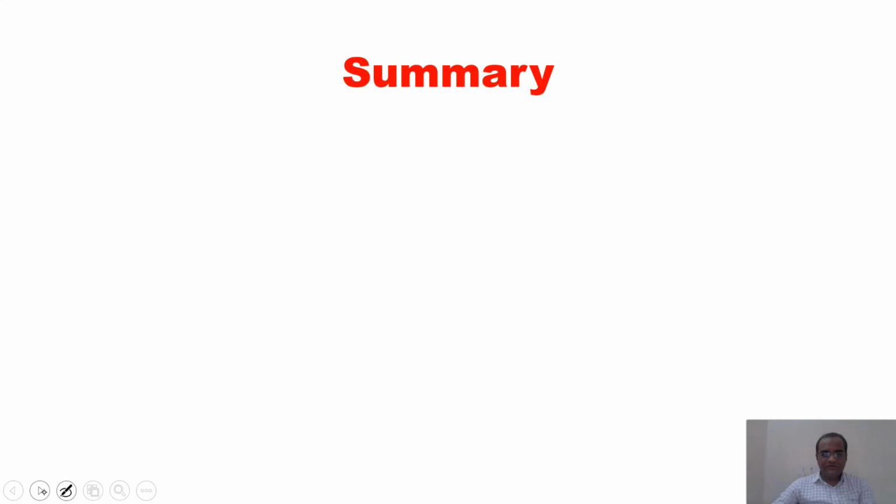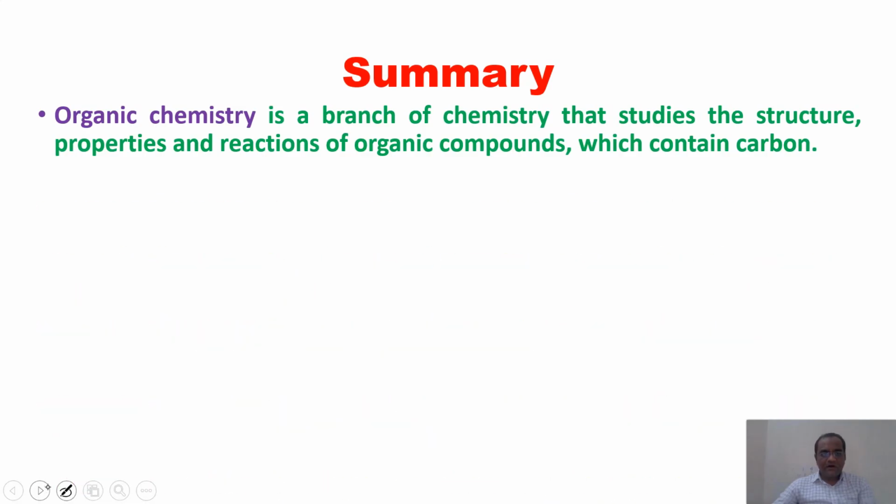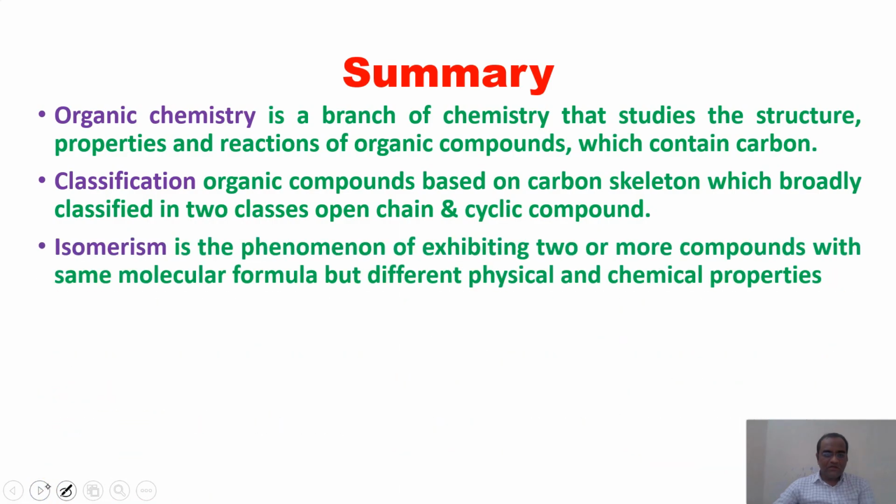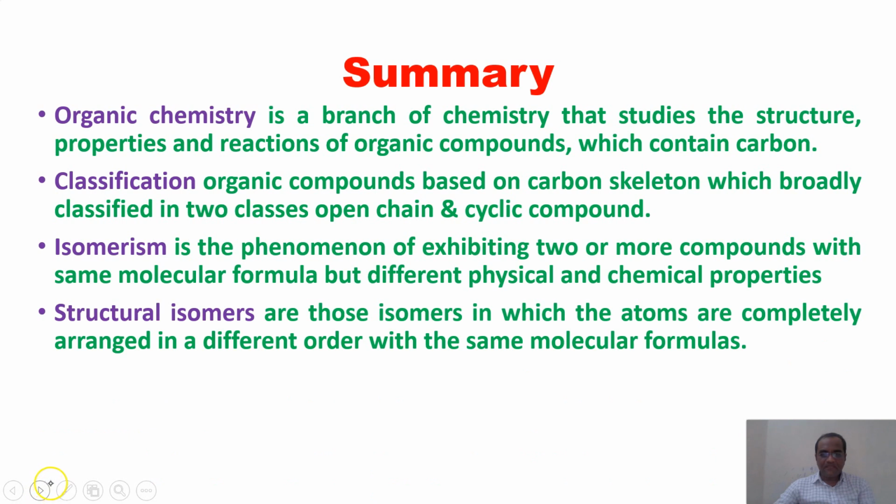Now we'll see the summary of the session. Organic chemistry is a branch of chemistry that studies the structure, properties and reactions of organic compounds which contain carbon. After that, classification of organic compounds based on the carbon skeleton, which is broadly classified into two classes, open chain and cyclic compounds. Isomerism is the phenomenon of exhibiting two or more compounds with the same molecular formula but different physical and chemical properties.